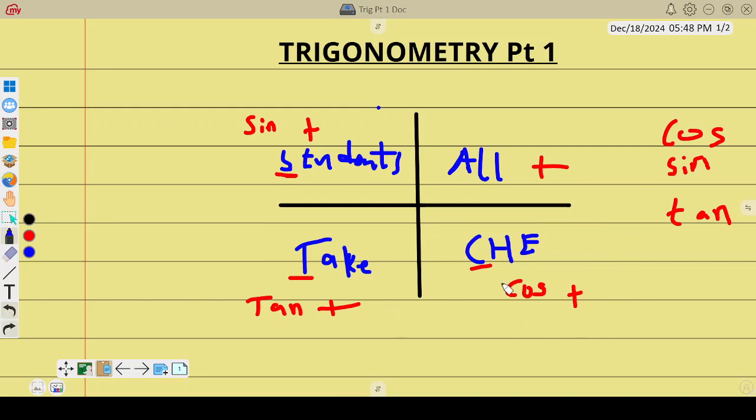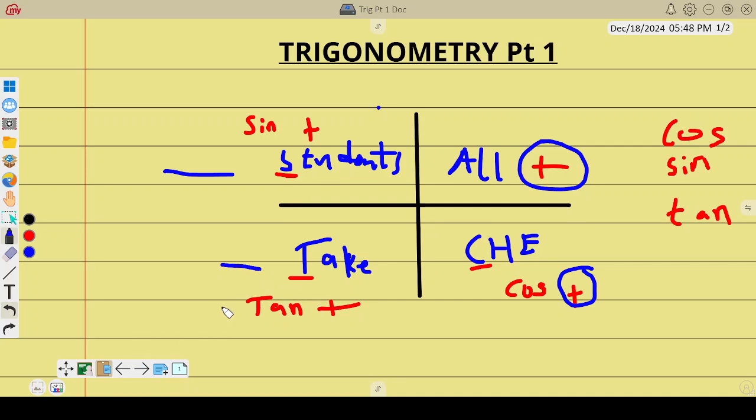Since it's positive here and here, one thing you should know is that each of these ratios is positive in two quadrants, the first quadrant and one of the others. Cos theta is positive in the fourth and in the first. So it means that it's negative in the remaining sides.